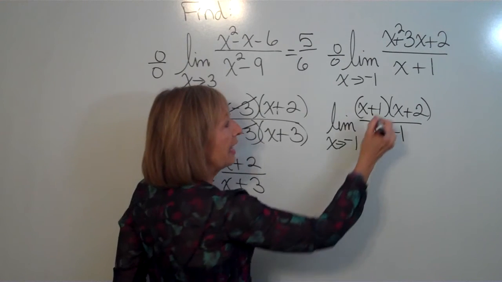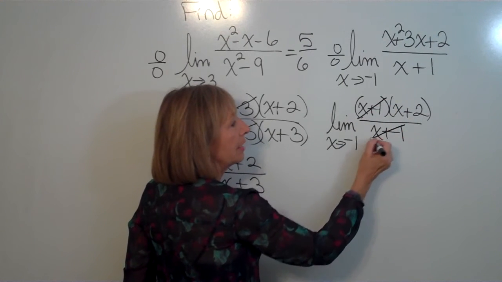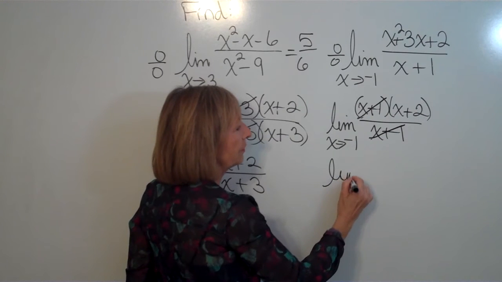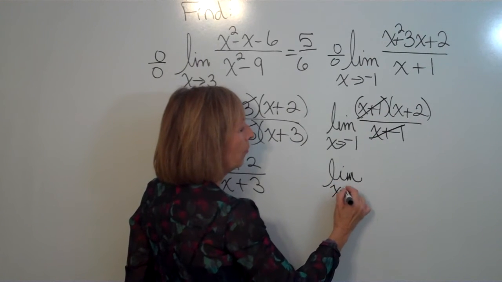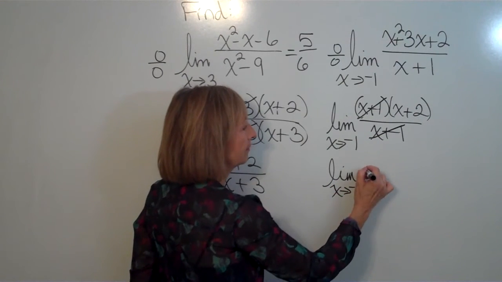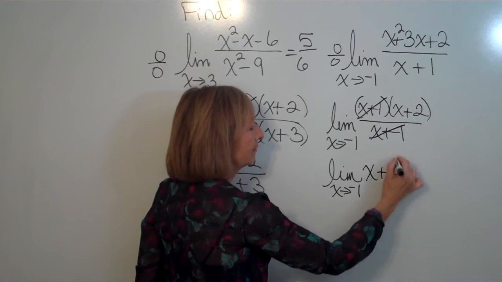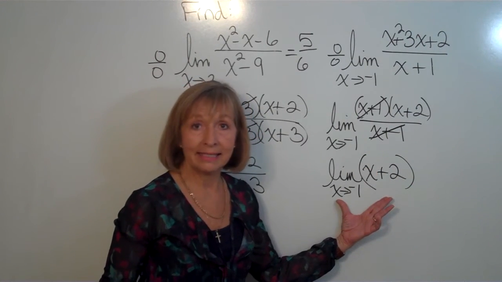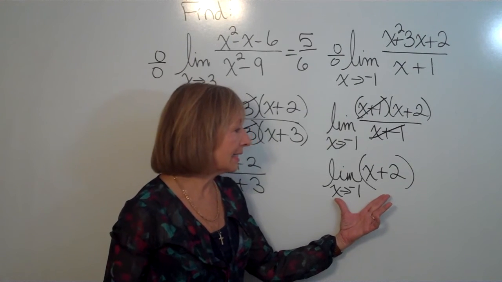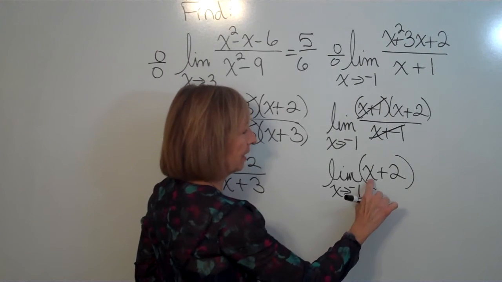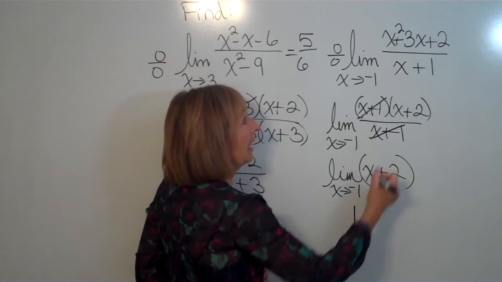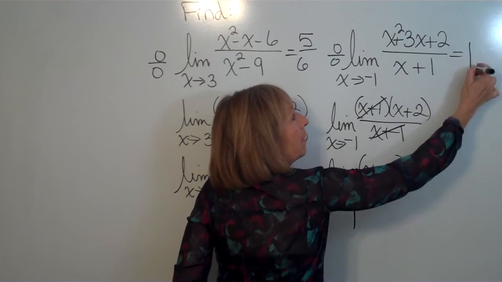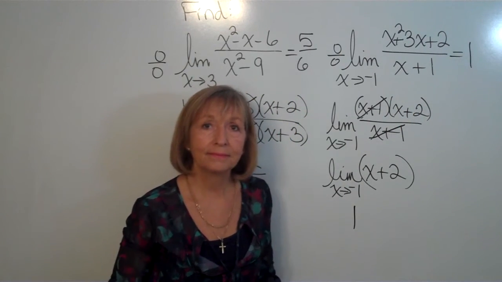I can remove that common factor pair to get the new function that agrees with the original everywhere but at -1. And this limit does exist, and its limit is 1. So -1 plus 2 is 1. And that also will be the limit of my original function.